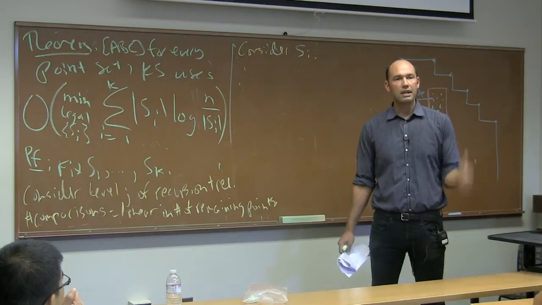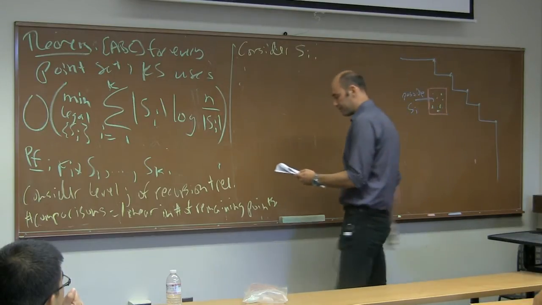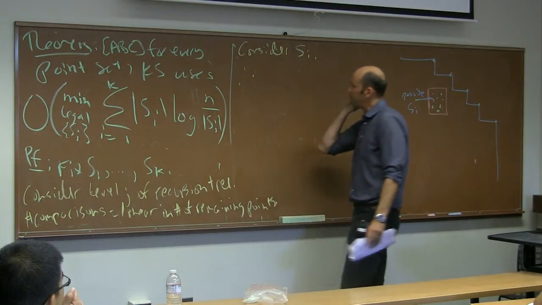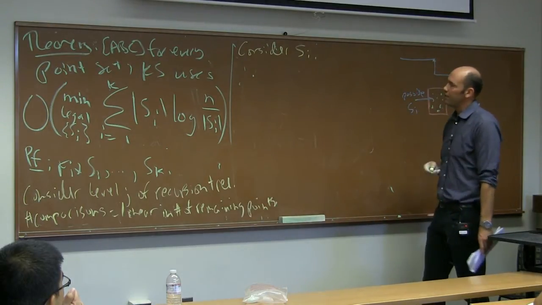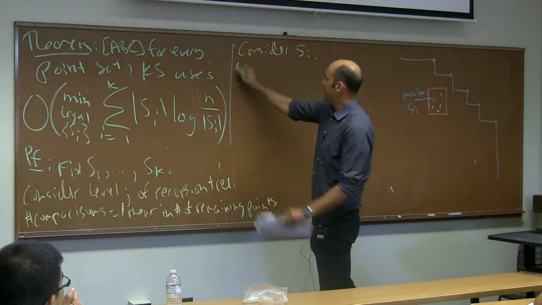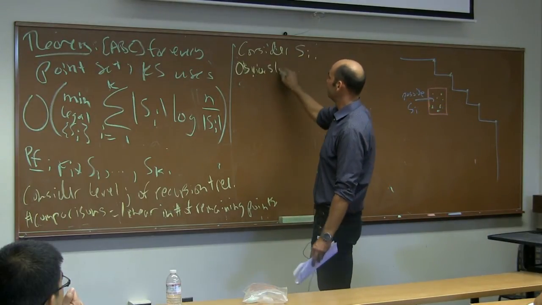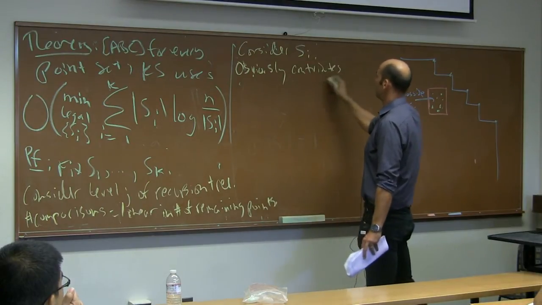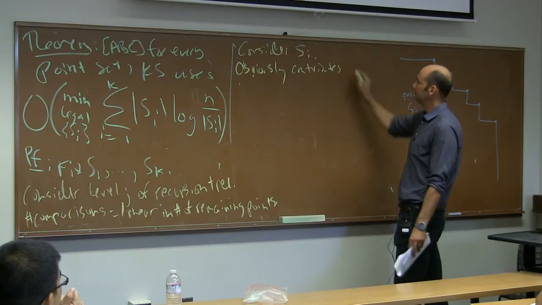Okay? So the first claim is about how many points are left. And I'm going to give you 2 different upper bounds on how many points are left at level j. The first one is totally trivial, but we really need it. Obviously, in the worst case, all of the points are left at a given recursion level.